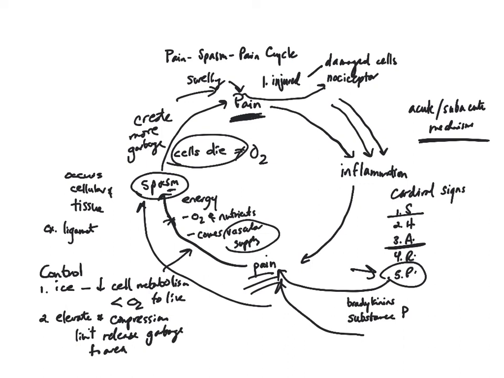And we just learned that if we limit that, then we're going to have less pressure on our nociceptors. So we're going to have less pain. Less pain means we're going to have less signs and symptoms, which means you're going to have less swelling, which means you're going to have less of a spasm, which means we're going to have less of a cell death, less pain, and healing begins.